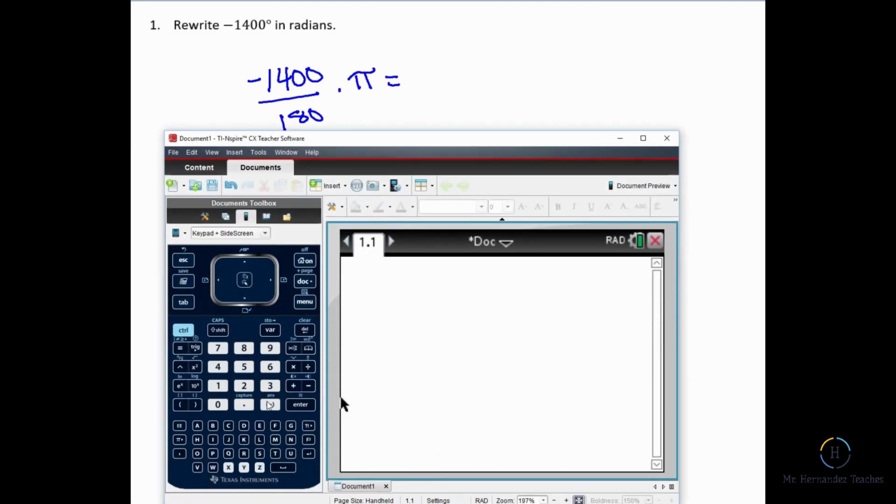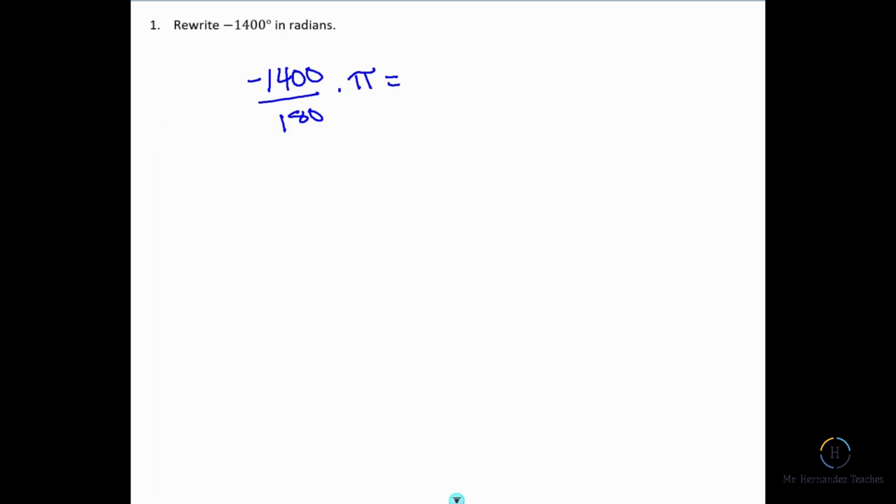So negative 1400 divided by 180 as a fraction is negative 70 over 9, and so like I said, we're going to keep the pi in there, so negative 70 pi over 9. There we go. So that's our angle in radians.